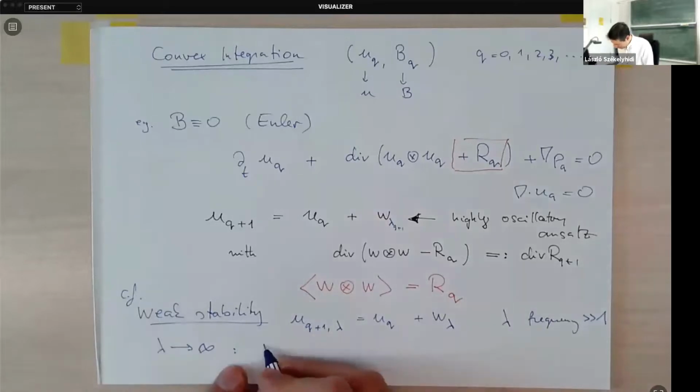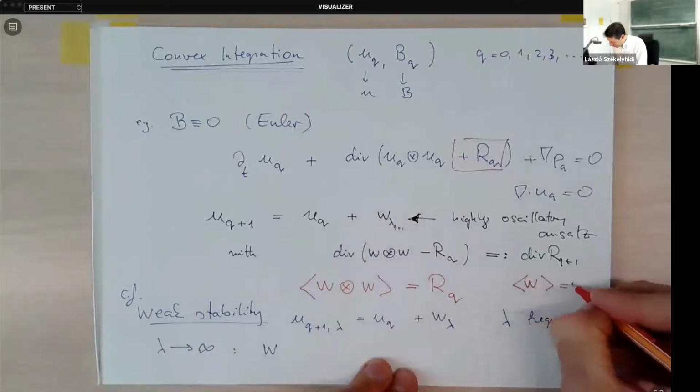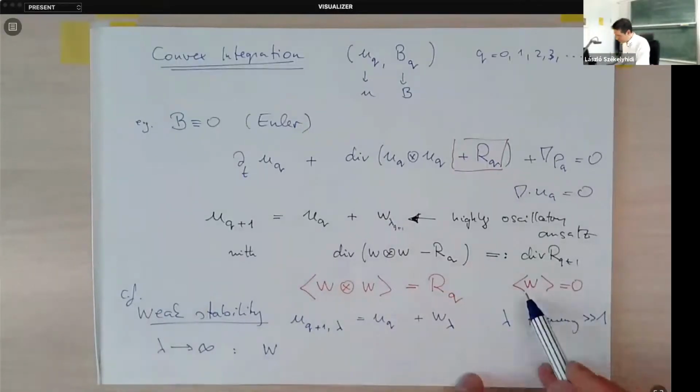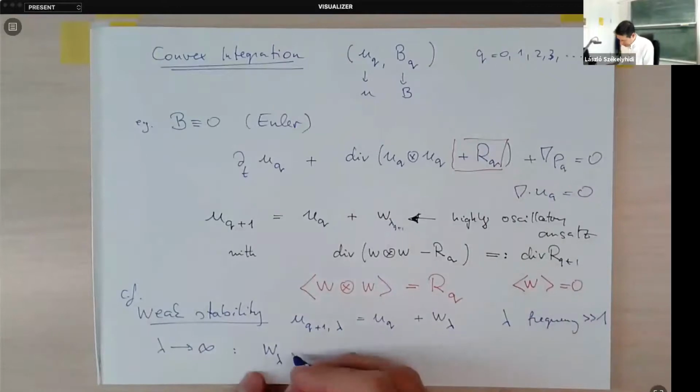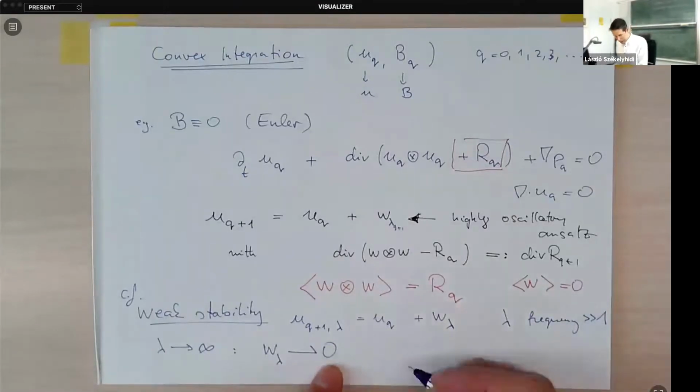Now, if lambda goes to infinity, yeah, of course, I should have said also the average is 0 of this W. So out of this information, weakly, W will go to 0. It's fast oscillating with average 0. So weakly it goes to 0.